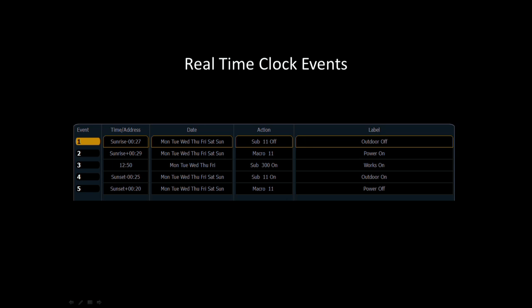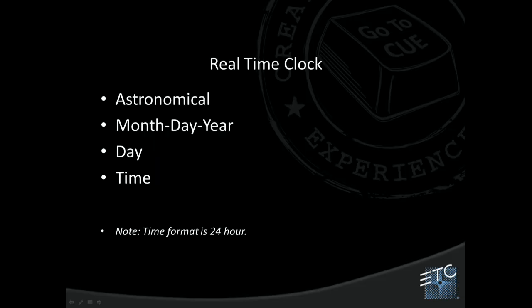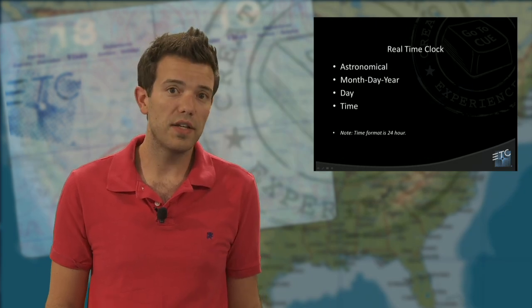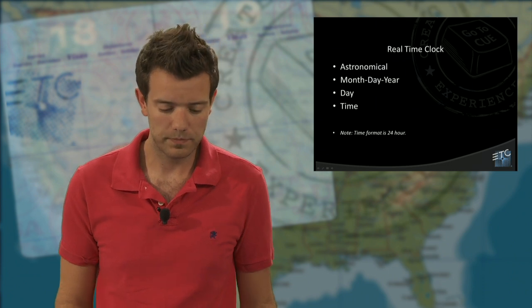It's very similar to how we set everything else up before. We would want to specify what time we wanted the event to happen, where we wanted that event to take place, meaning what day, and what that event actually does. Different things that we can do with that time clock, like I said before, is turning lights on at a specific time, but more importantly, maybe turning lights off at a specific time.